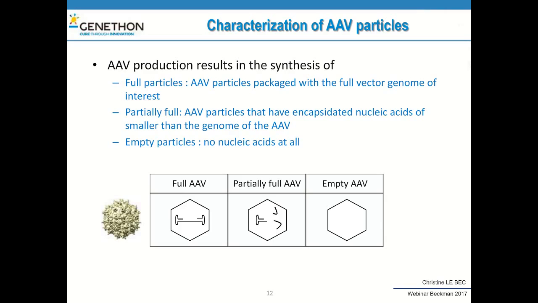The partially full are AAV particles that have encapsulated nucleic acid smaller than the genome of the AAV, but you can also have particles with some DNA coming from the process, like the cellular DNA, the plasmid DNA, the baculovirus DNA. And the empty particles do not have any nucleic acid at all.